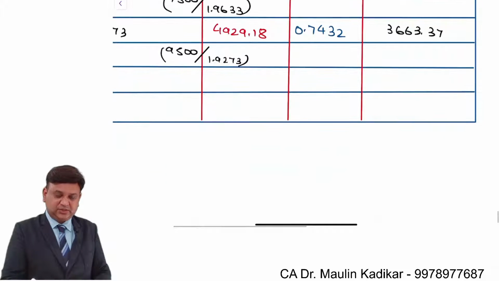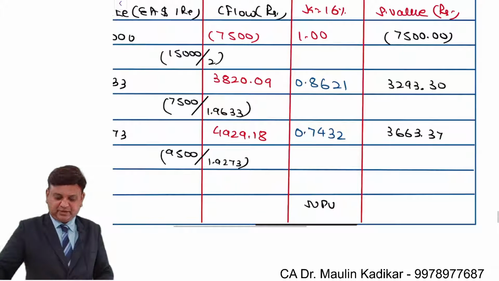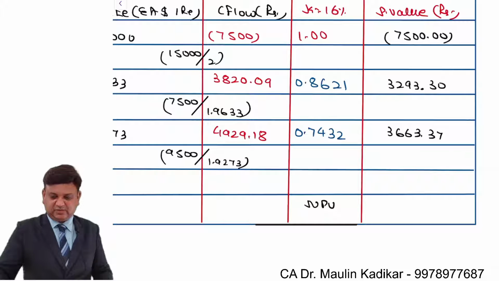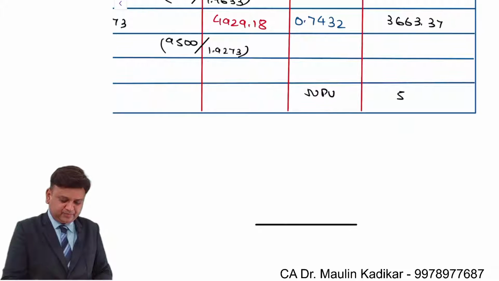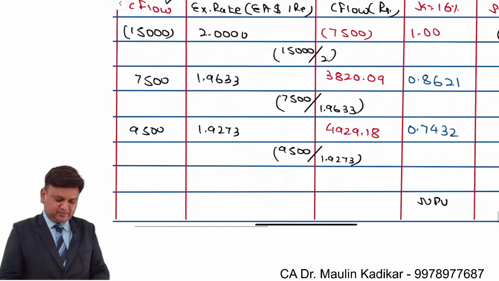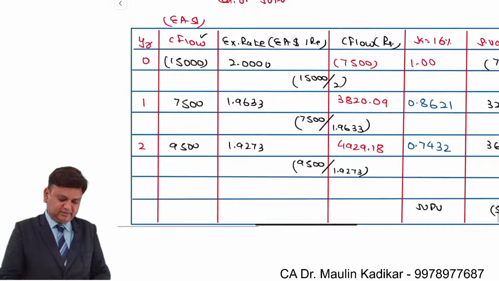And based on this, we can find NPV: 3,663.37 plus 3,293.30 minus 7,500. So unfortunately NPV is negative. So the company would be advised not to accept the project. This is what we understand.